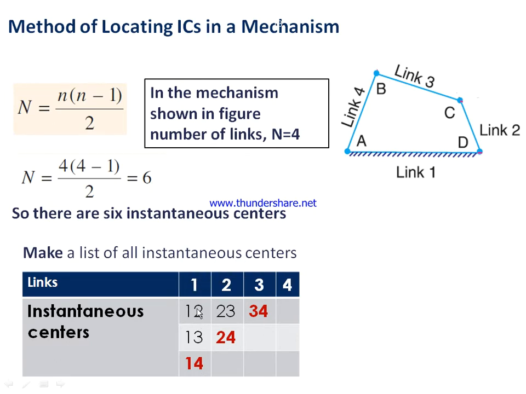Then come to link 2 and make combinations with the remaining 2 links, 3 and 4: 2, 3 and 2, 4. Then come to 3 and make a combination with one link, that is 4: 3, 4. No more combinations are possible. So here 1, 2, 3, 4, 5, 6. There are a total of 6 instantaneous centers for this given 4-bar mechanism.